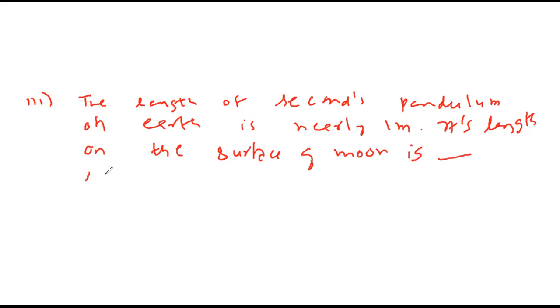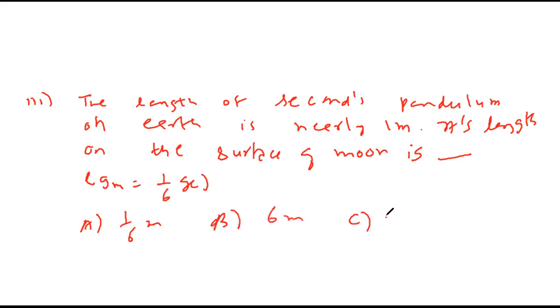In brackets they are telling g on moon is 1 upon 6 times g on earth. Options are 1 by 6 meter, 6 meter, 1 by 36 meter, and d is 1 upon root 6.